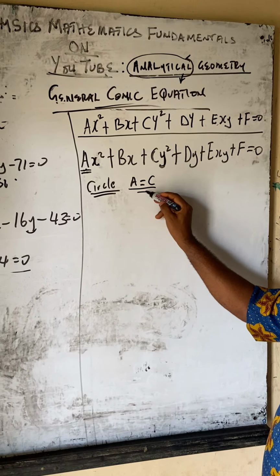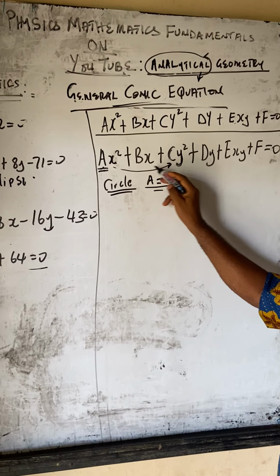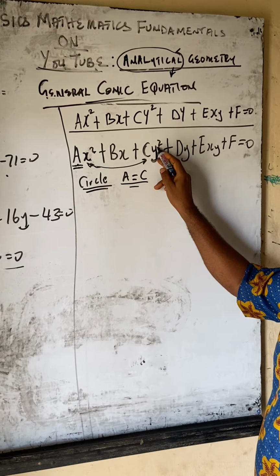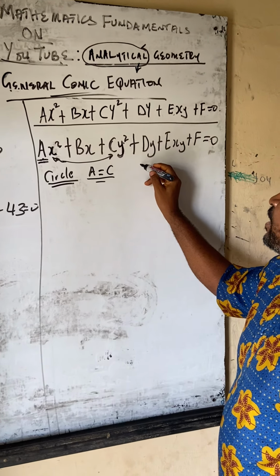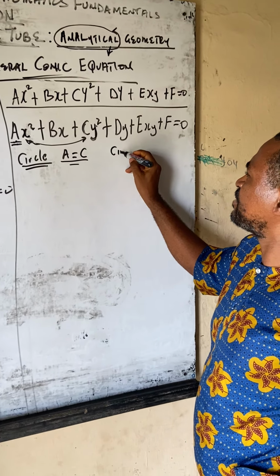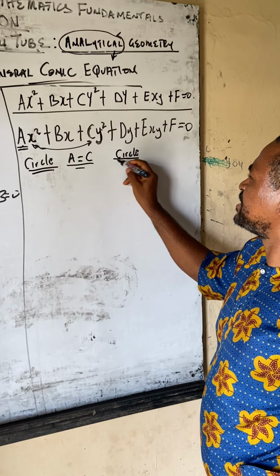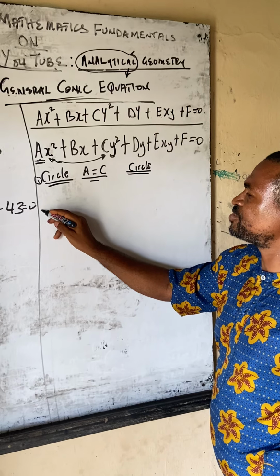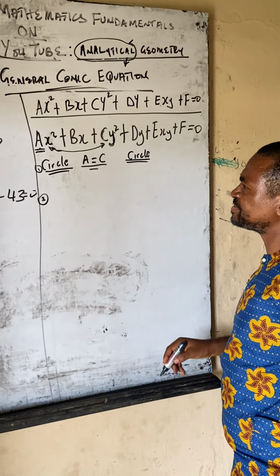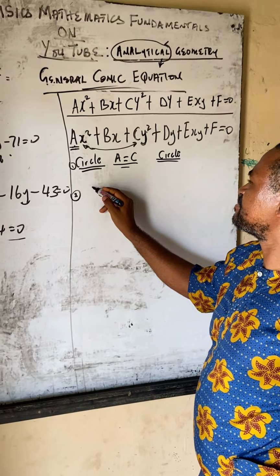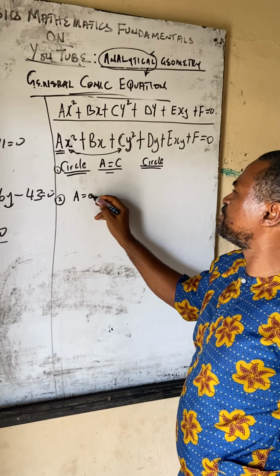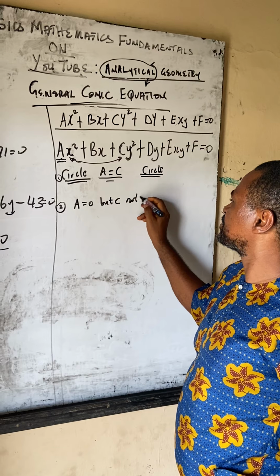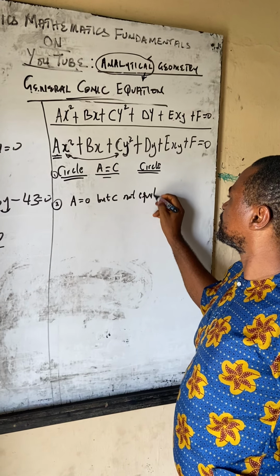When these two are the same for this highest power of the variables, then we have a circle. That's case 1.